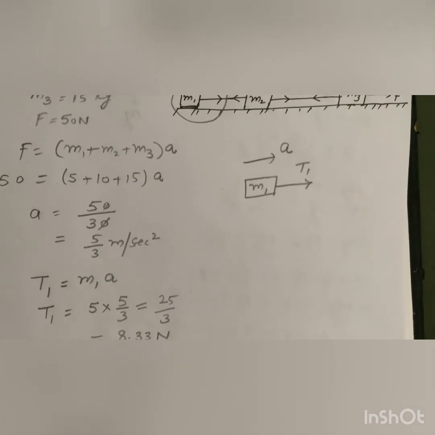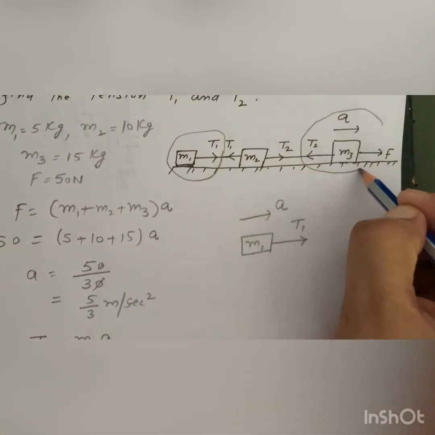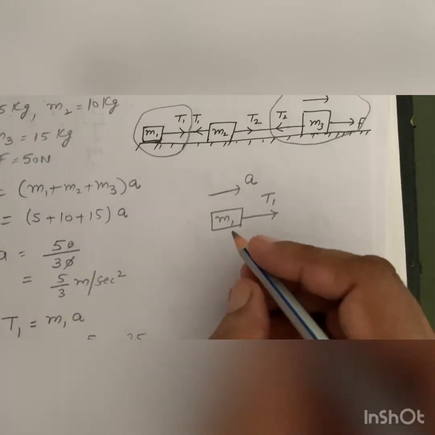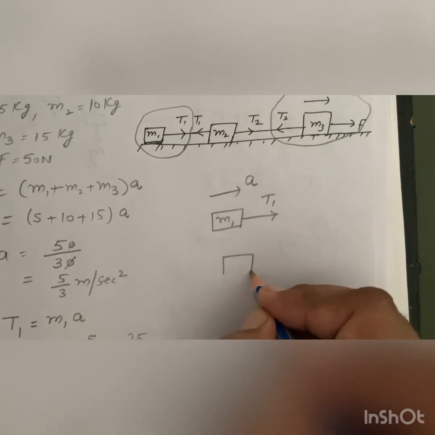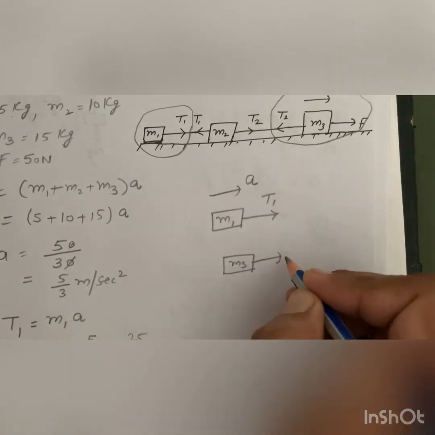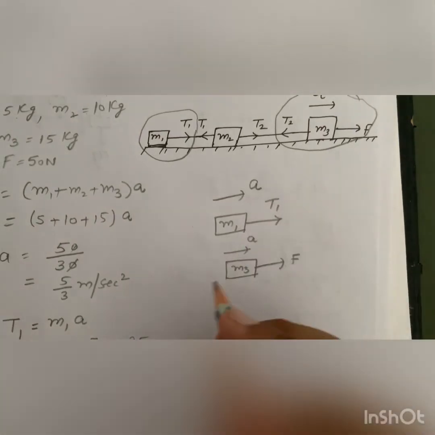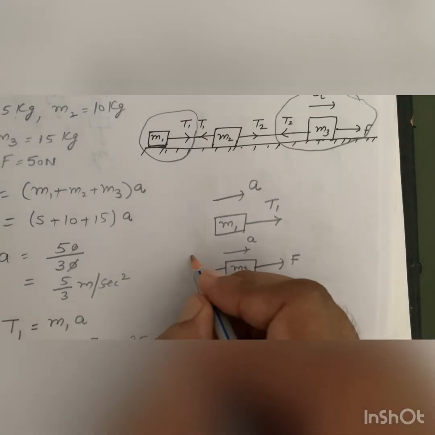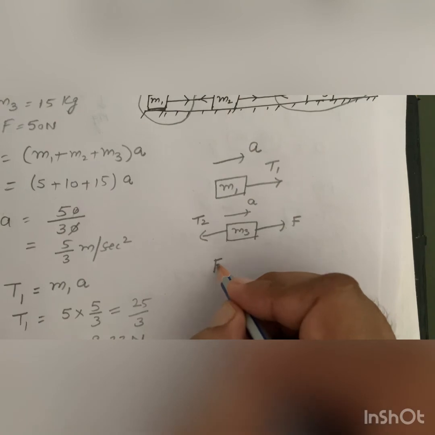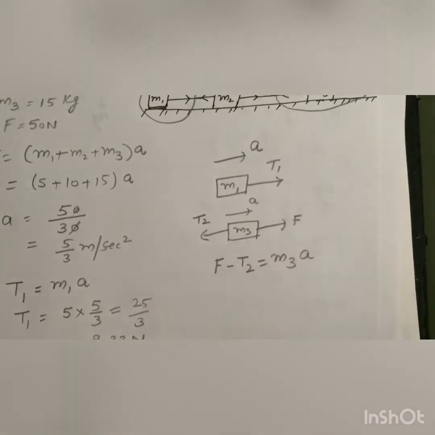And now we want to calculate T2. We take this portion here. We have F. Here M3's force is in this direction and the acceleration is in this direction, and here the tension is in this direction. So we have F minus T2 is equal to mass into acceleration.